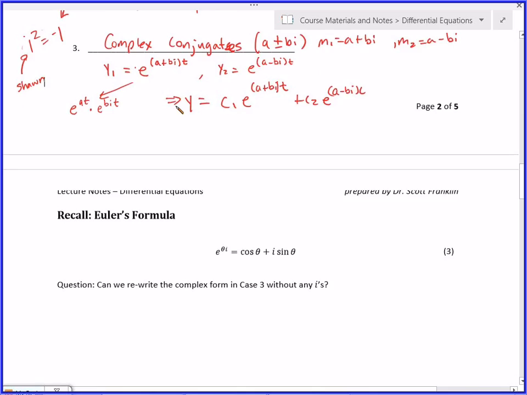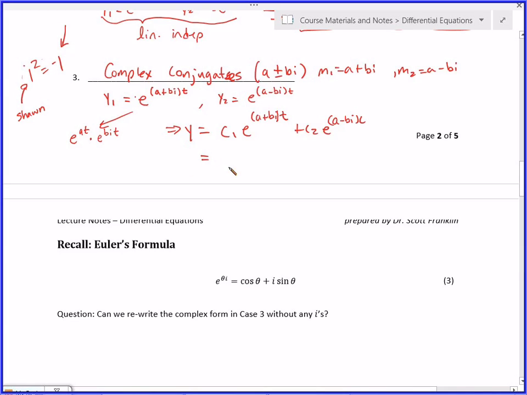Let's move on. Now, that means I write this solution as, I'm going to pull out the e to the at out of both of those and write it as C1 e to the bit plus C2 e to the negative bit.